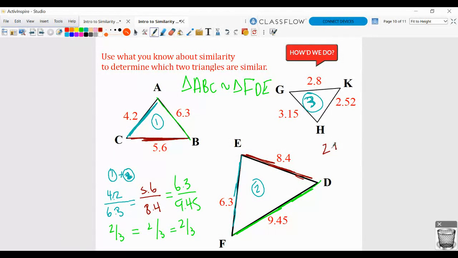Realistically, I kind of wish I hadn't gotten it on my first try, but if I was going to try 2 and 3, I would do the same thing, right? My shortest side over here is 2.8. 2.8 over 6.3. I'll just show you what happens. Is that the same thing as, what's my next side?